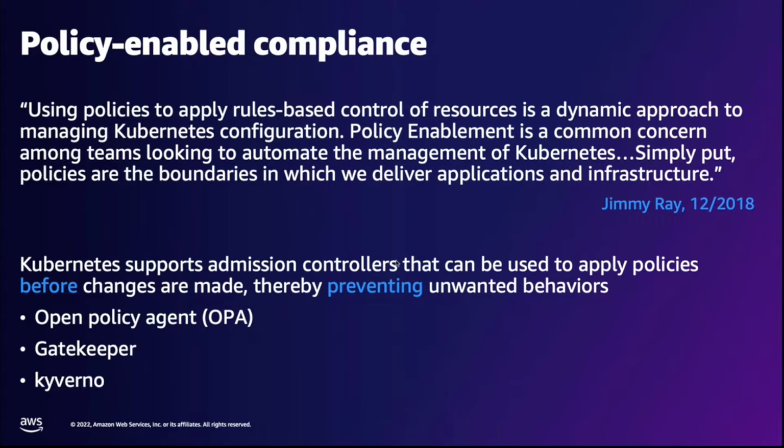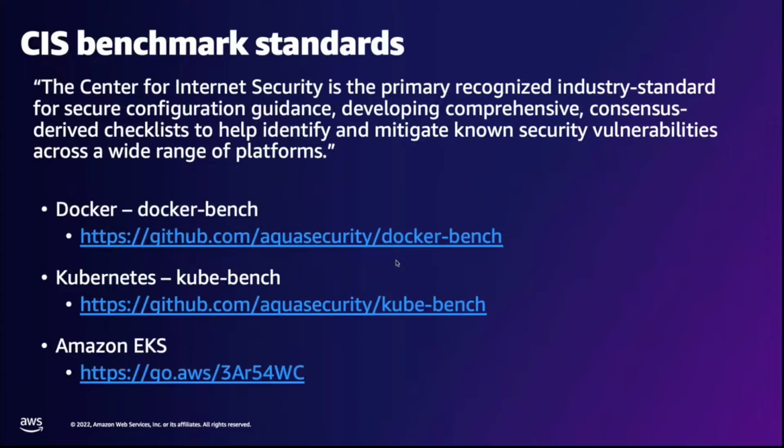The purpose here is not to drill down, but to make sure you are leveraging at least one of these components to enable policy as code. And last but not least, there are the CIS benchmark standards. You may use these for EKS, Kubernetes, and Docker, but we have also made some adjustments to provide guidance and benchmarks on the overall infrastructure.